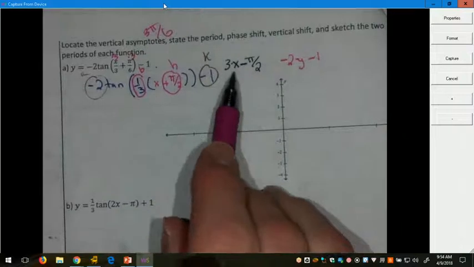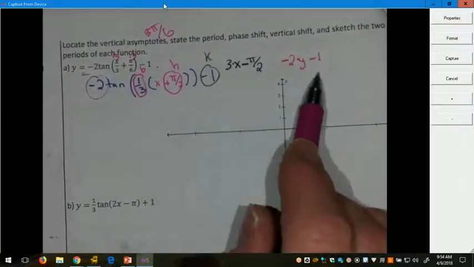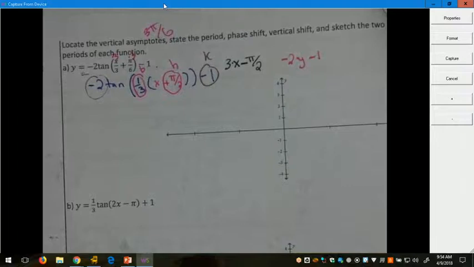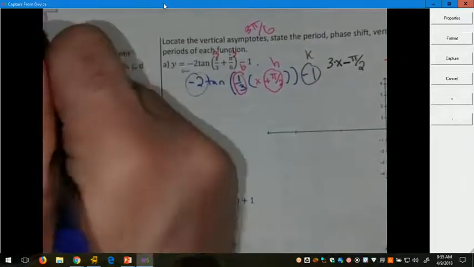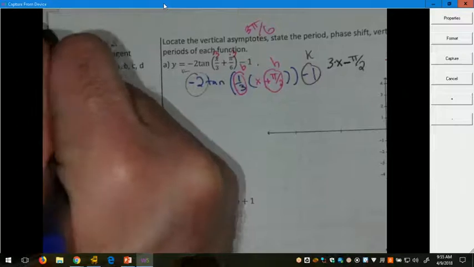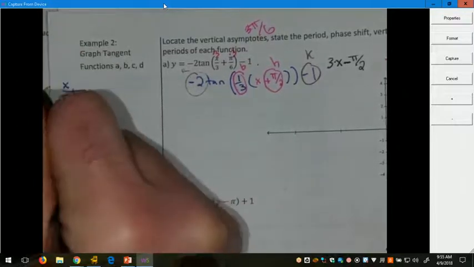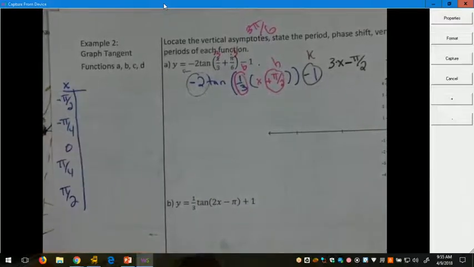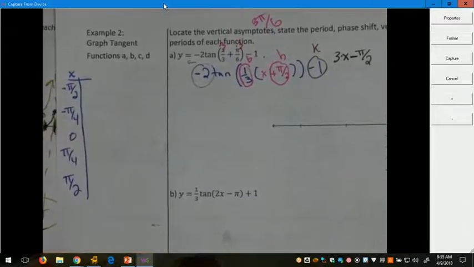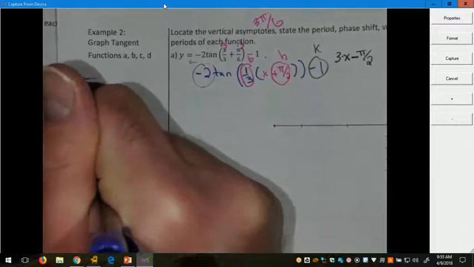But this is how we're going to get our final x-coordinate and our final y-coordinate if we know the table for the parent function. So way over here to the right, I'm going to start with my parent function table. My value of x would have been -pi over 2, -pi over 4, 0, pi over 4, pi over 2. My y values would have been undefined, -1, 0, 1, undefined.